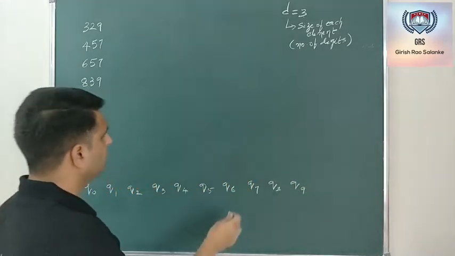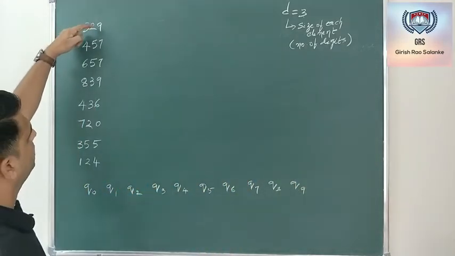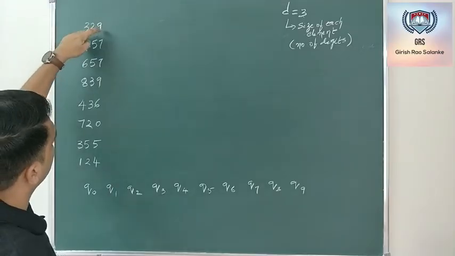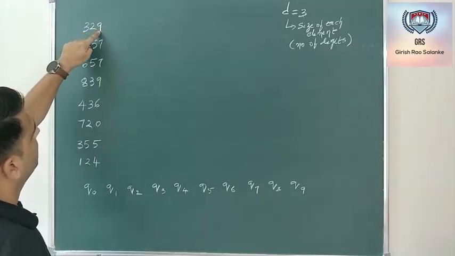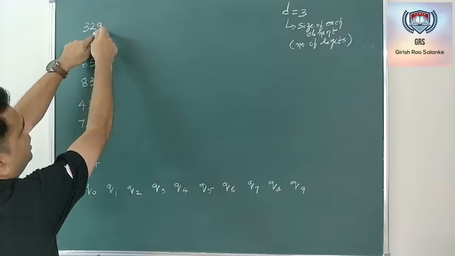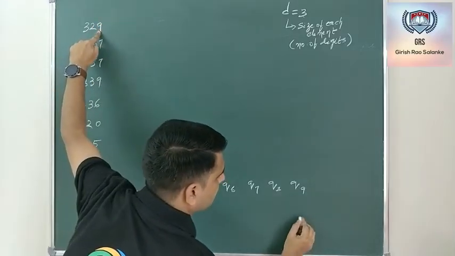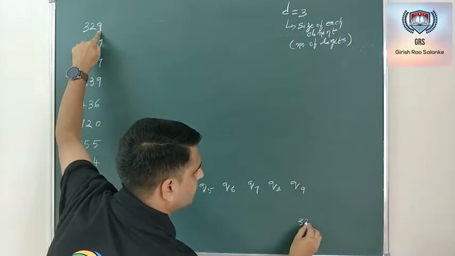Now first I will take the first element. This one's place is 9. So I need to put this particular number 329 in the Q numbered 9.